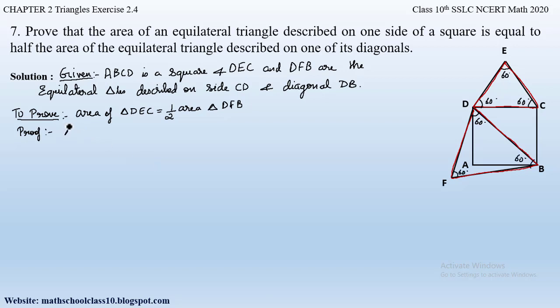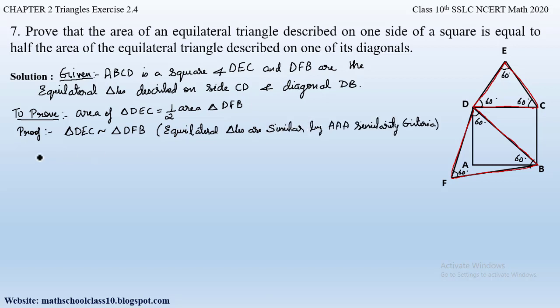So write down: triangle DEC is similar to triangle DFB, because equilateral triangles are similar by the angle similarity criterion, right? Now since these two triangles are similar, and we have to find the areas of triangles DEC and DFB, let us apply theorem 2.6, which says the ratio of the areas of two similar triangles is equal to the square of the ratio of their corresponding sides.